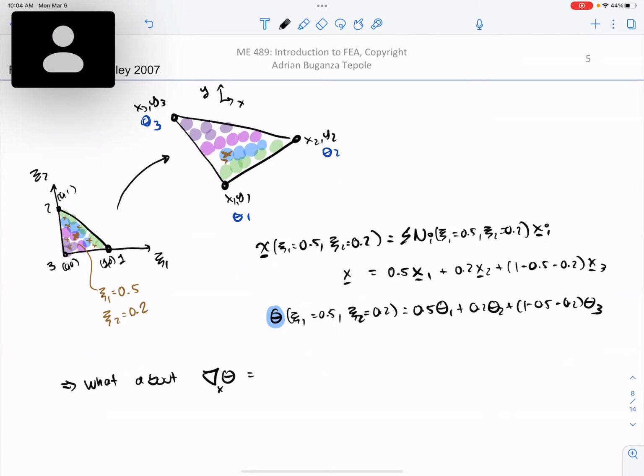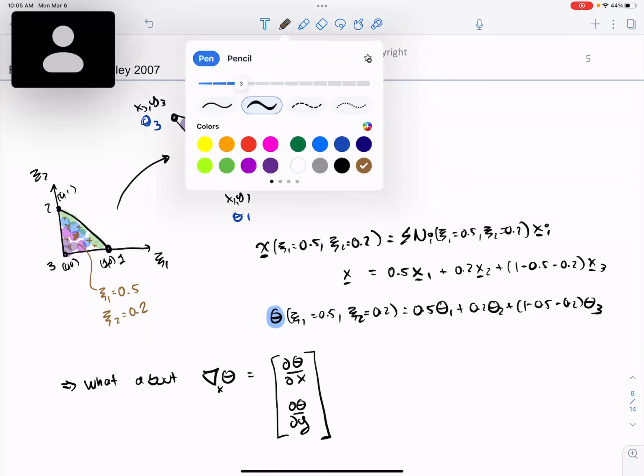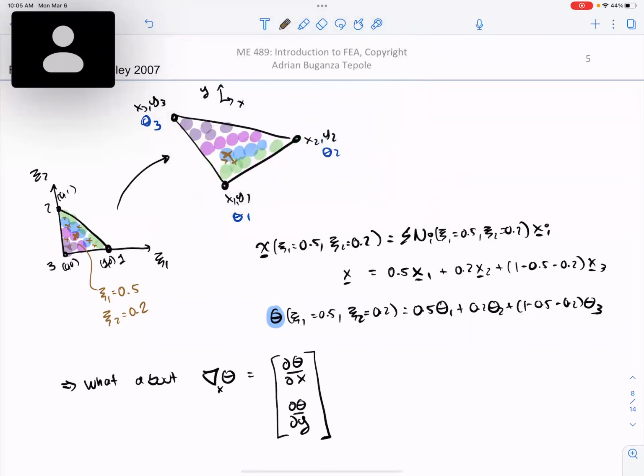What I would like is to compute d theta dx, d theta dy. In this case, the gradient looks something like this. For this point, the gradient will look something like this. I want to know that vector. And now we have a problem.